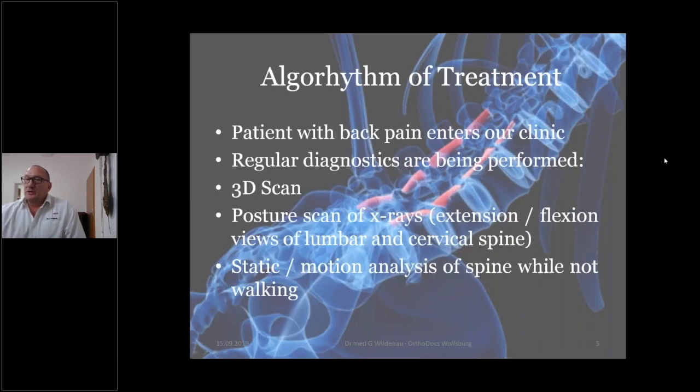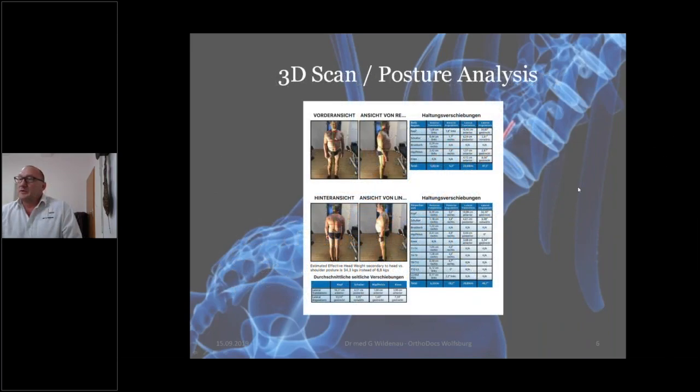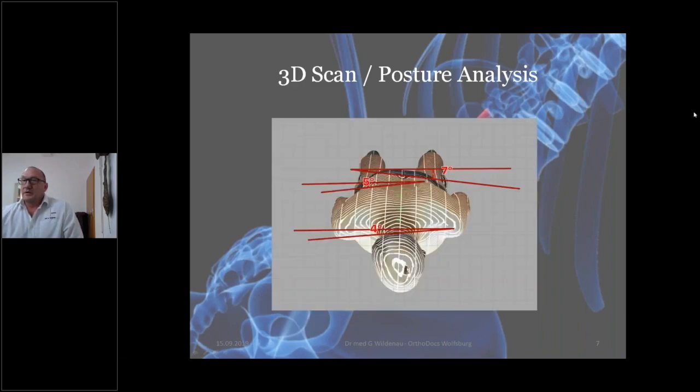And usually we start with a 3D scan to see what's being transmitted to the exoskeleton. So we do a posture scan, and we measure in millimeters and degrees where we have actual deviations from the normal, and we do a 3-dimensional scan.